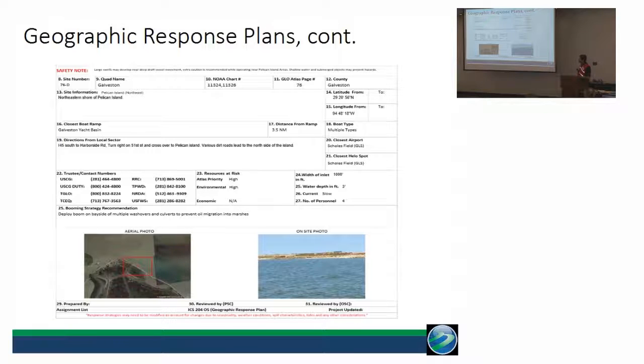So that's the geographic response plan. It's a very invaluable tool. Now, the other thing is not every area is the same. On the West Coast, they would like to see you employ the method that they have pre-planned, and if you do not, there could be penalties that result from not deploying it exactly the way they've said.